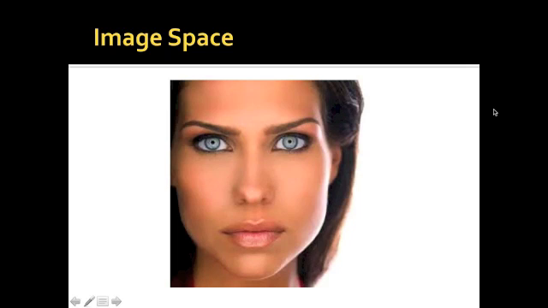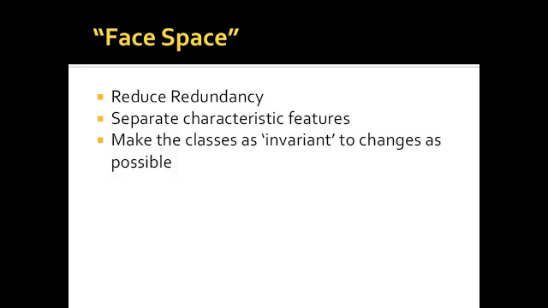So what are we going to do? We're going to introduce a smaller space called face space. We're going to reduce the redundancy, separate characteristic features, and make the classes as invariant to changes as possible. Changes like illumination, or the girl can make a makeup, or mustache, beards, whatever.